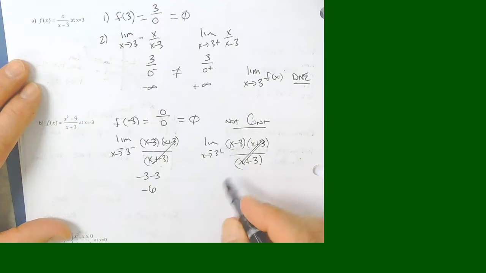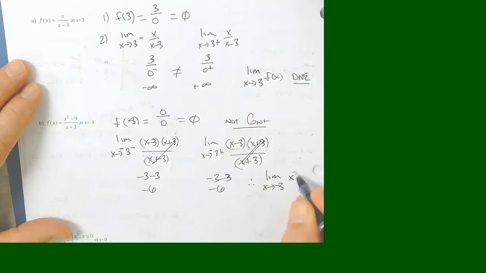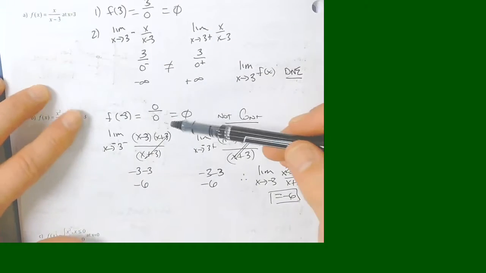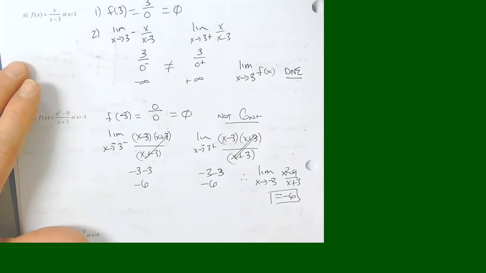Negative 3 minus 3 is negative 6. Therefore, the limit as x goes to negative 3 of x squared minus 9 over x plus 3 is equal to negative 6. Does it equal the height of the function? No. They're not equal. Therefore, we're not continuous.